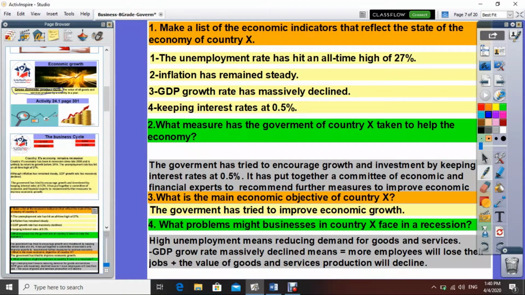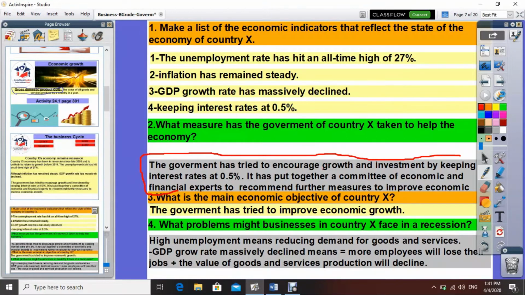Question number two asks what measures the government of country X has taken to help the economy. The answer is: the government has tried to encourage growth and investment by keeping the interest rate at 0.5%.